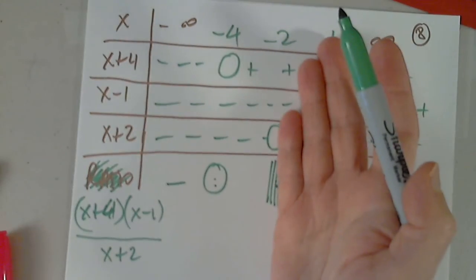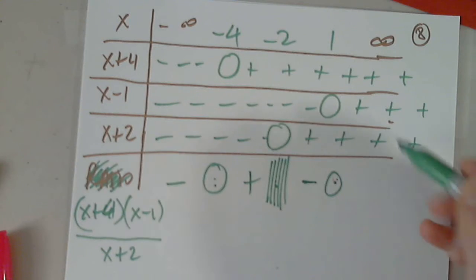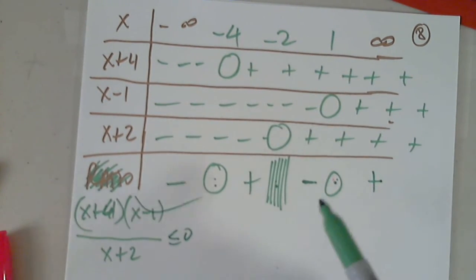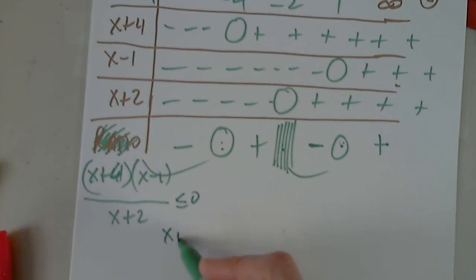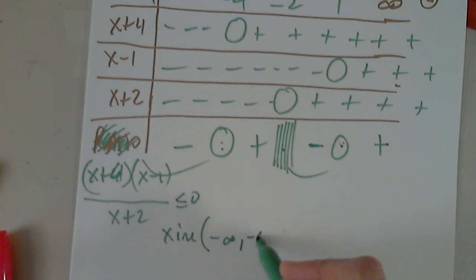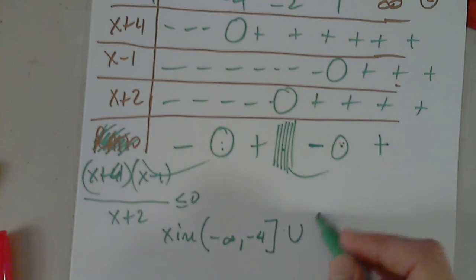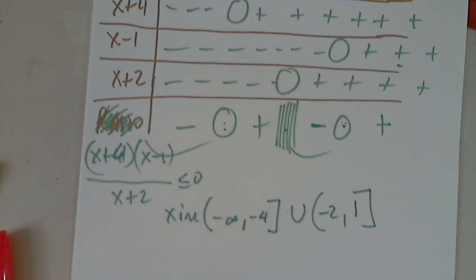Yes. 2 negatives. Positive. 1 negative. Negative. And positive. And we also want less than or equal to 0, which is this and this. So x in the interval negative infinity, -4 with a bracket, union, but I cannot use a bracket on -2 because the expression is undefined, but 1 with a bracket.